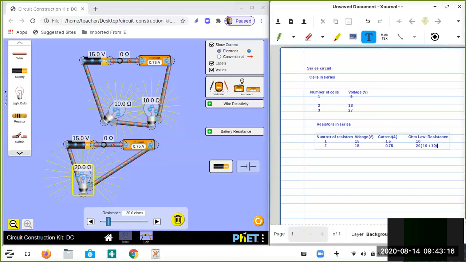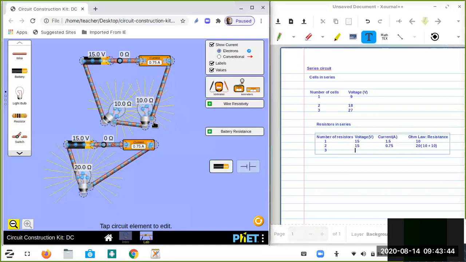So then let us check whether it is true for three resistors. Is it going to be the same? Is it going to change? Which means I'm going to connect one more resistor here.